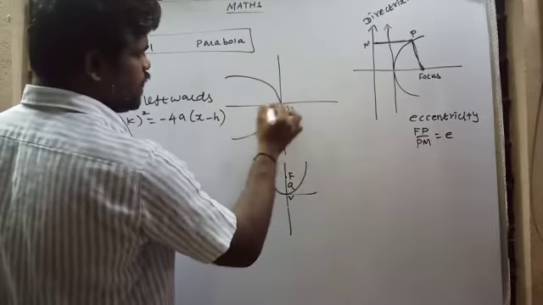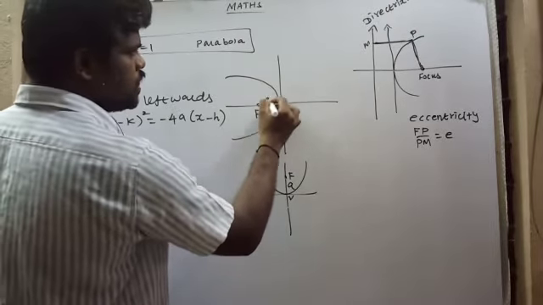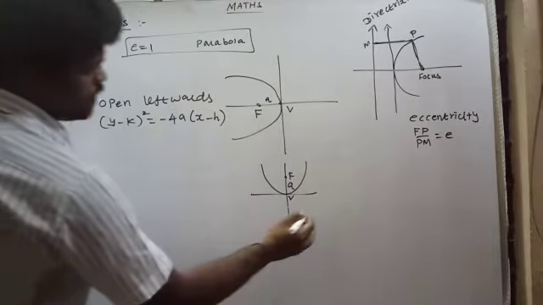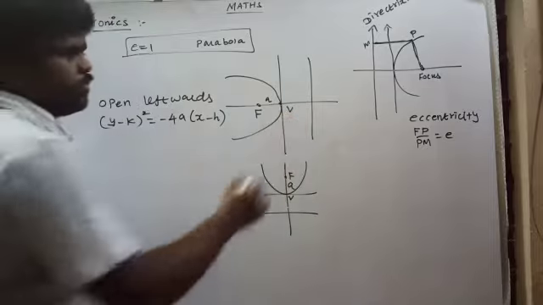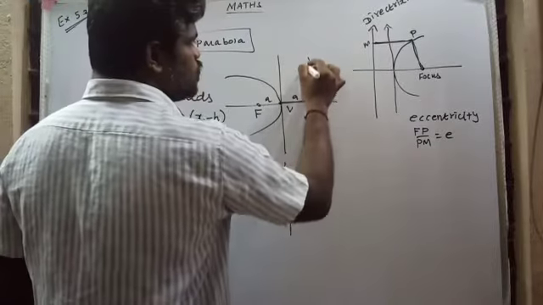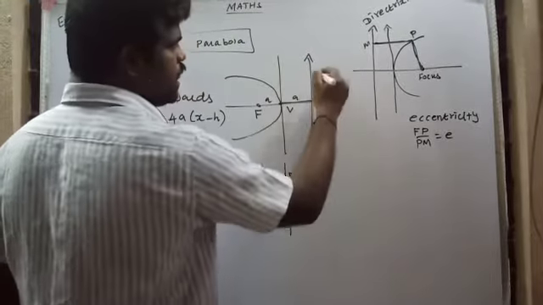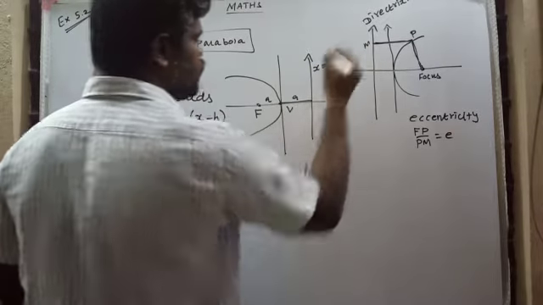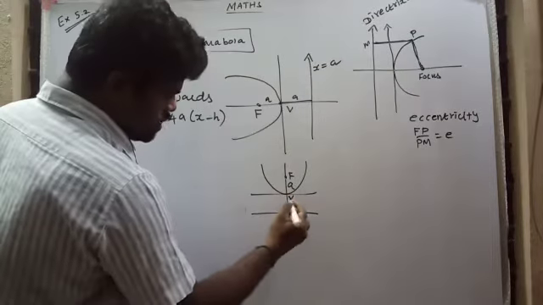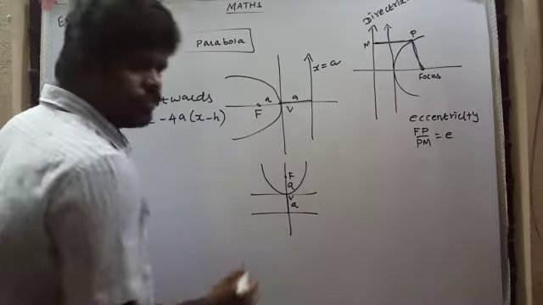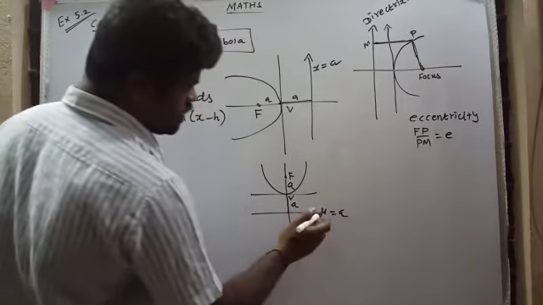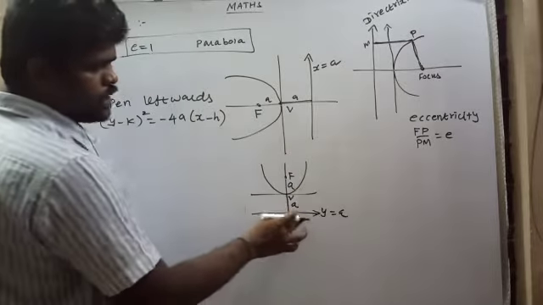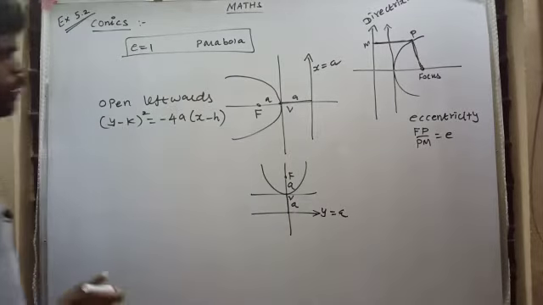The equation of the directrix is x equal to a in one case, and in the other case y equal to a, because this is a line parallel to the x-axis.